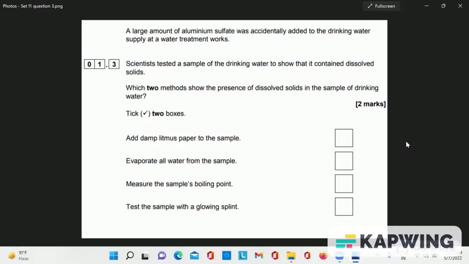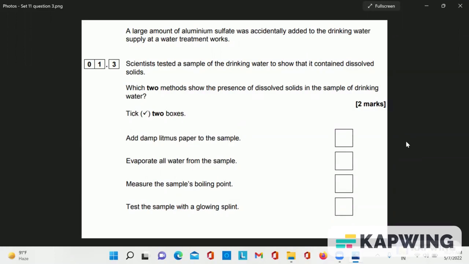My next question is, a large amount of aluminum sulfate was accidentally added to the drinking water supply at a water treatment works. Scientists tested a sample of the drinking water to show that it contains dissolved solids. Which two methods show the presence of dissolved solids in the sample of drinking water?